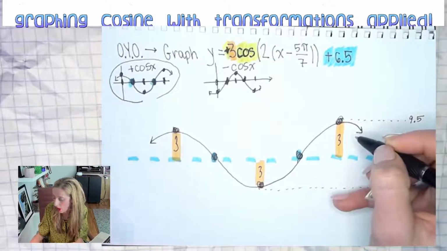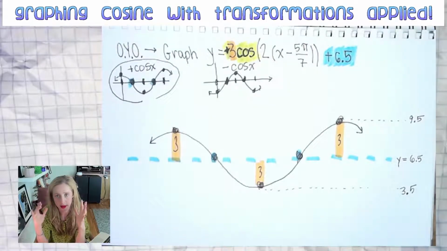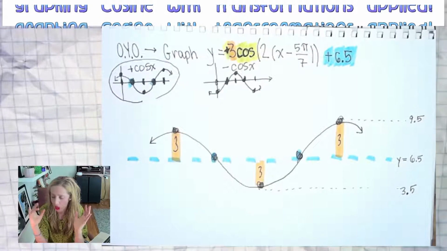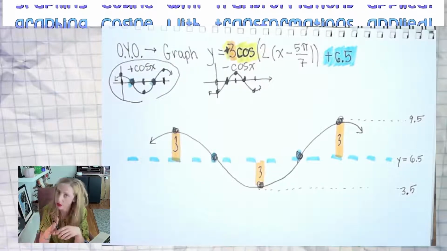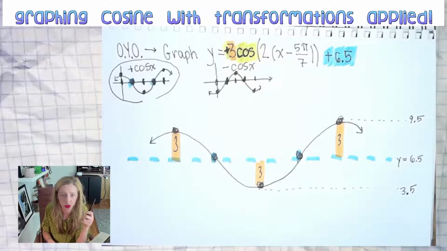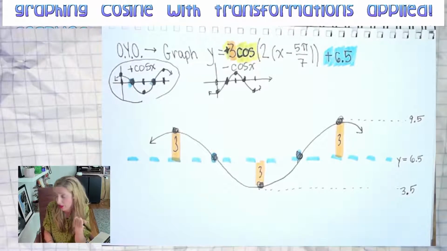Okay. Negative, or x minus 5 pi over 7. So minus on the inside moves our graph 5 pi over 7 to the right. And if you still don't know that, if you're still messing that up, you need to go back and watch some older video and really learn the transformations, because you just got to know it.